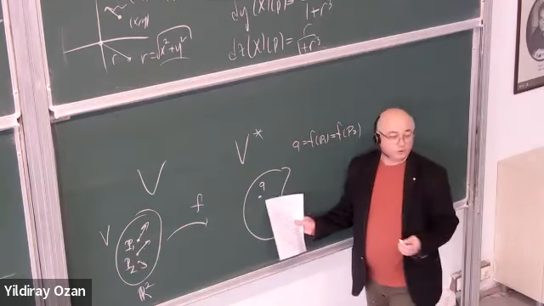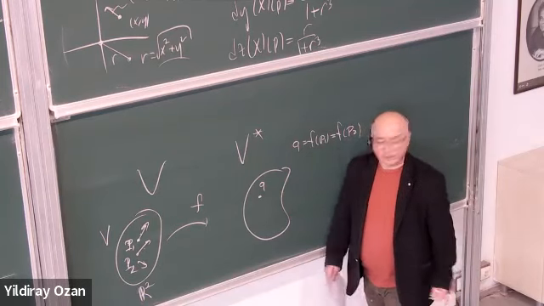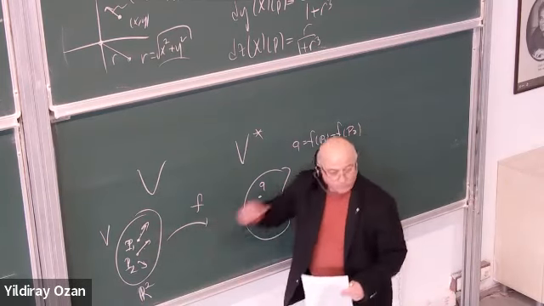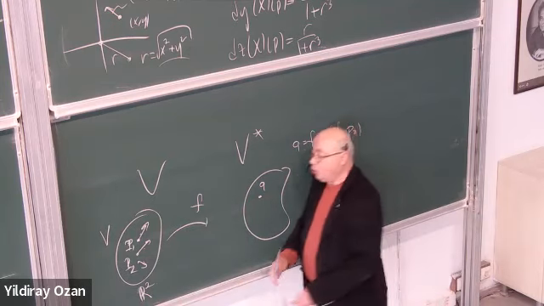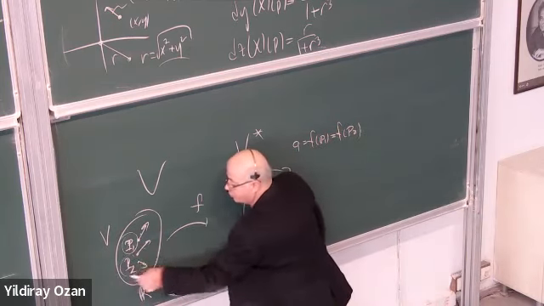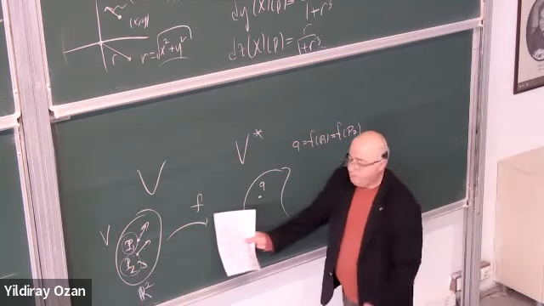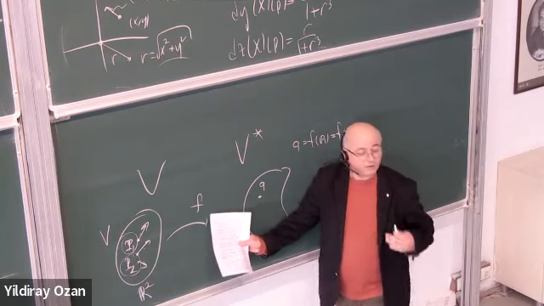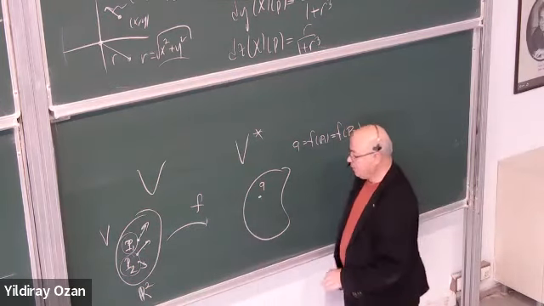Which one should you choose and assign to this point? These vectors do not have to be the same. And you don't know whether you should choose this one or this one. That's why mapping vector fields under a function is not well defined.